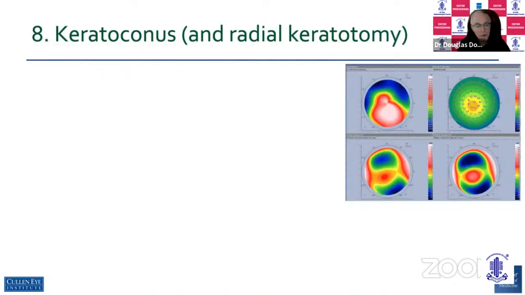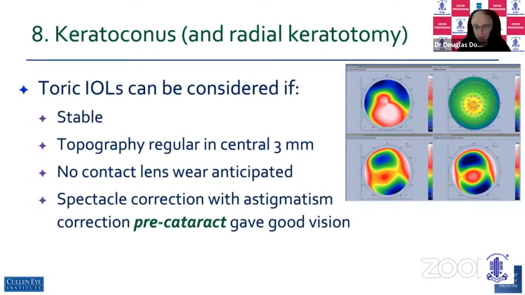What about keratoconus? Well, and radial keratotomy. In my mind, they really fit the same sort of criteria. They have to be stable. You have to have regular topography in the central 3 millimeters. You're not going to be wearing a contact lens post-operatively, and it's very important to sort that out with the patients. You don't want to put a toric lens in if they're going to wear a contact.